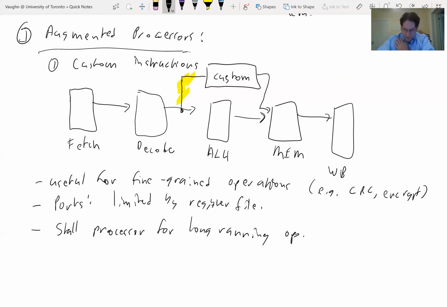So we're not going to have the rest of the processor continue executing while the custom logic is computing. Basically, if this custom logic takes a long time, we're going to stall all of the operations that come after it, which is functionally fine, but it's reducing our parallelism. Our processor is just waiting for the custom instruction to finish.